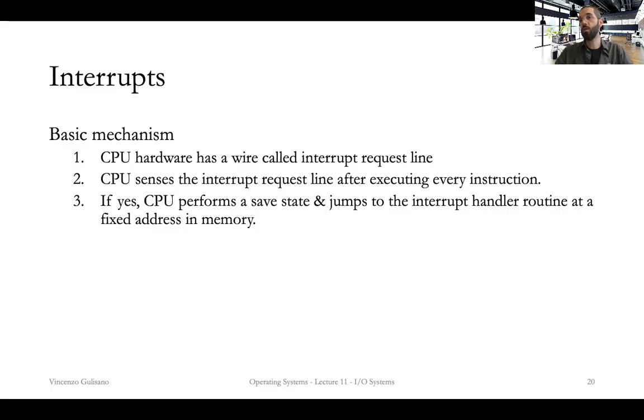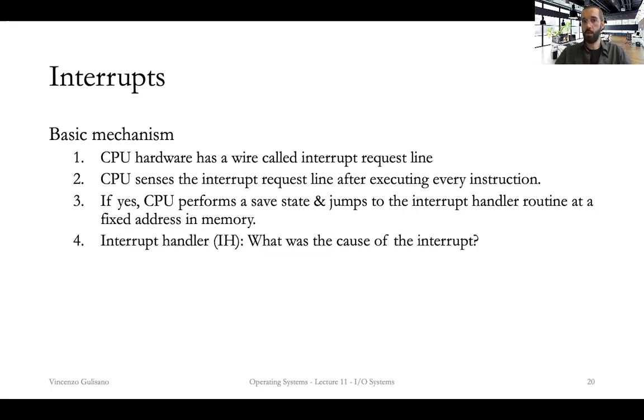As we will see, each interrupt is actually a number, and that number can be converted to a specific address where you will find the set of instructions that belong to the operating system and are specific to the interrupt you get. So if you get an interrupt for a page fault, that interrupt will be translated into an address in memory, and in that address you will find the instructions that the operating system uses to handle a page fault.